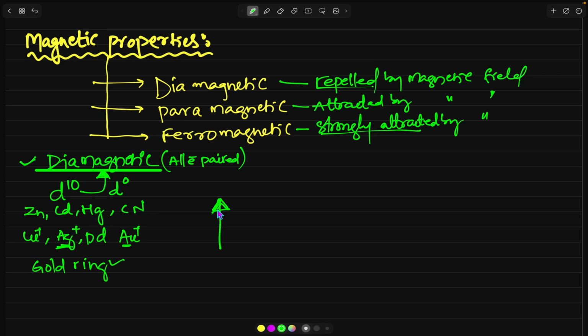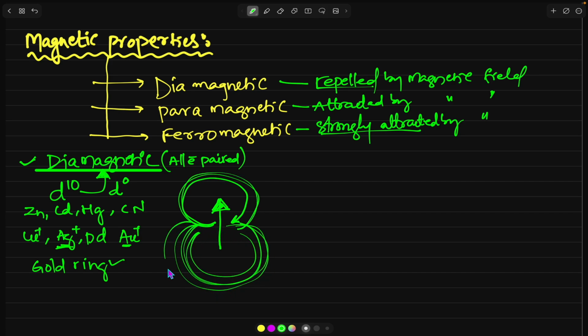When a charged particle spins clockwise or anti-clockwise around itself, there is a creation of a magnetic field around it. So this type of magnetic lines is produced by a charged particle, that is the electron. When a charged electron spins, they have spin plus half and minus half. That's why when they spin, they create the magnetic field.